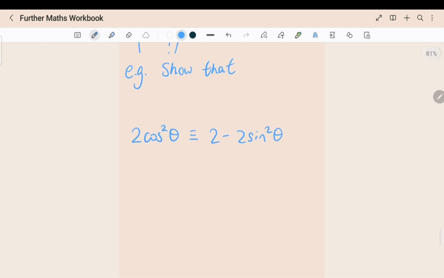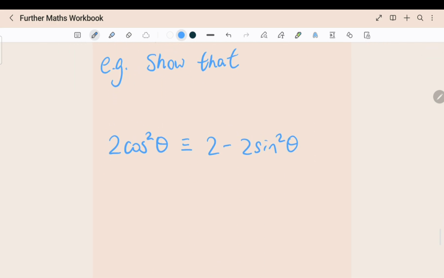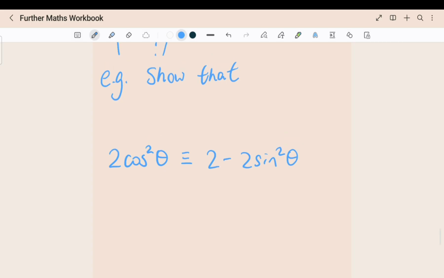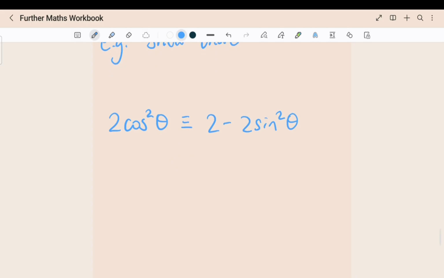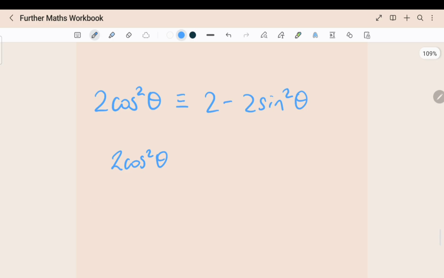Brilliant. Finally, some trig identities: show that this equals that. Whenever you see the words show that, you are going from the left-hand side to the right-hand side of the equation. So you're not manipulating both sides at the same time. You're only doing one side and you want to bring it to the other side. So we have 2 cos squared theta. We want to bring it to 2 minus 2 sine squared theta.